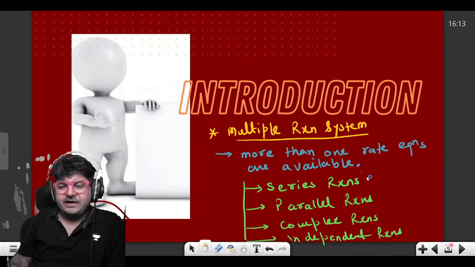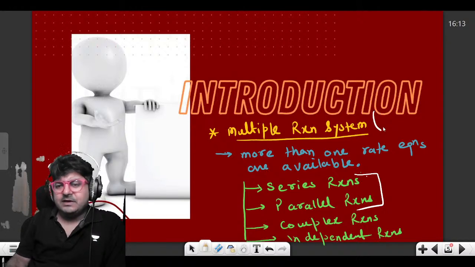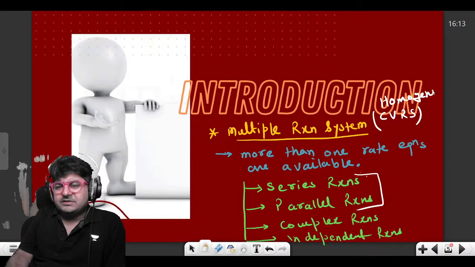As per your course, we have to deal with these two only. And as per your course as well, multiple reaction systems are in your syllabus for homogeneous and CVRS reaction systems.